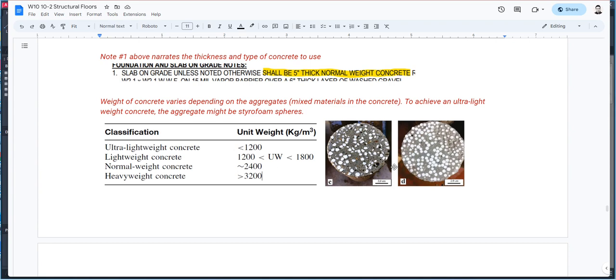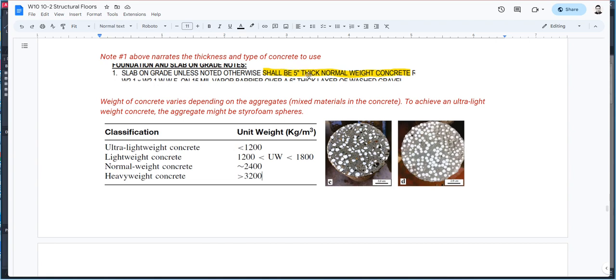And then heavyweight concrete depends on how heavy the stone or aggregate gravel used there is, because each type of gravel is denser, which is heavier than the other. So that's what note number one is saying.